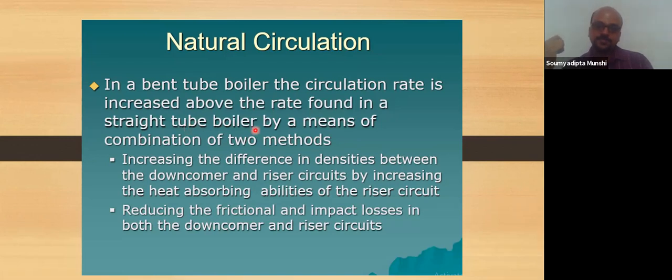The first reason is the difference in the density, and the second is that in the bent tube boiler, or the accelerated circulation process, the water tubes are in the vertical position. So one force is acting due to the difference in the density, and the second force is acting due to gravity. So the total force increases. That means the circulation also increases.